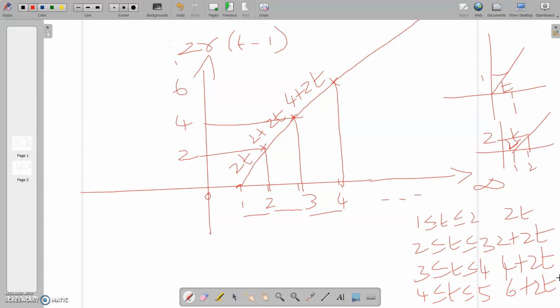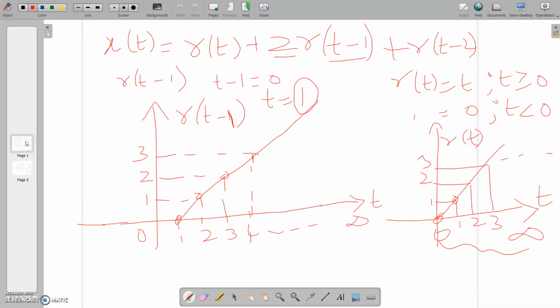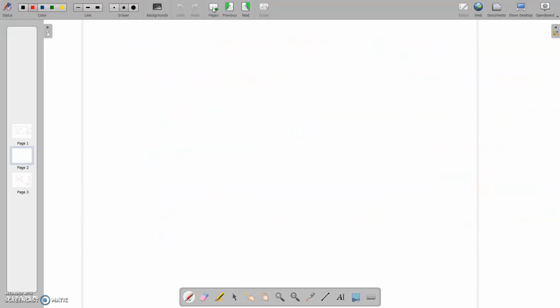And then coming to your third signal, r of t minus 2. So we have to draw your r of t minus 2. So we just have to shift our signal by 2.